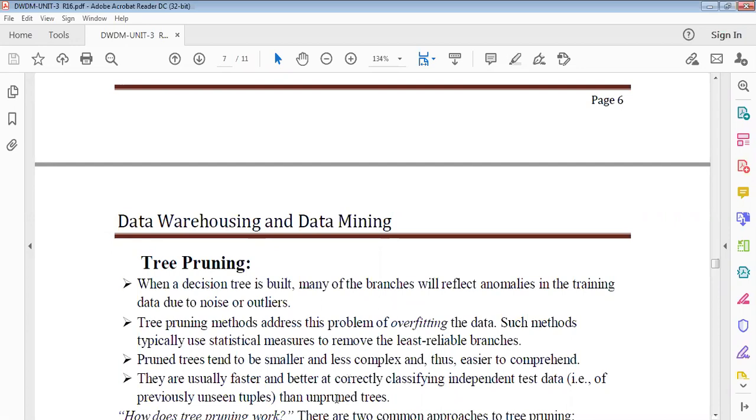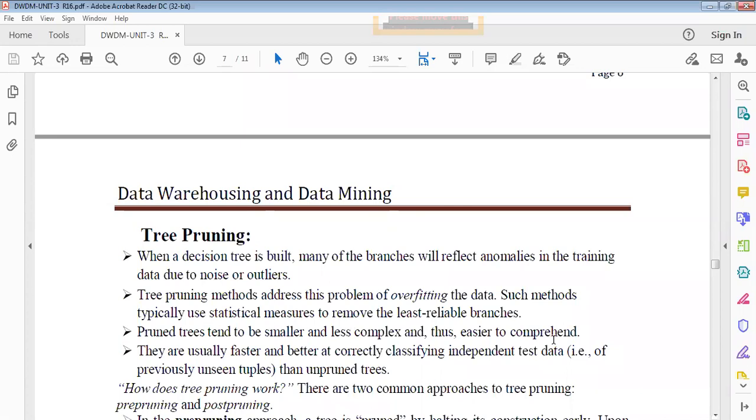Tree pruning methods address this problem of overfitting the data. Such methods typically use statistical measures to remove the least reliable branches.